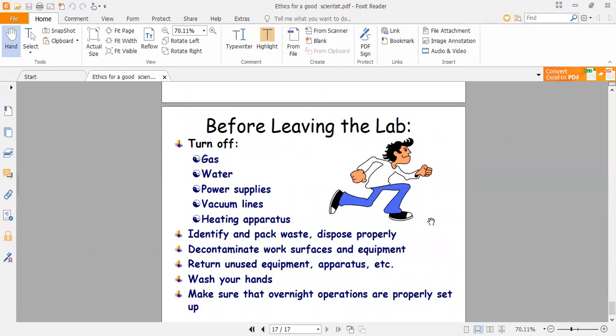In the end, when you are going to leave the lab, you should turn off all gas, water, and heating apparatus you are working with, and you should dispose of all material that needs to be disposed of, and decontaminate your work area and equipment, and return the unused equipment to the storage.